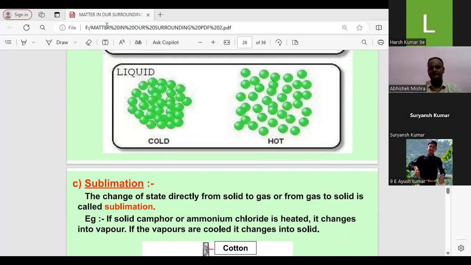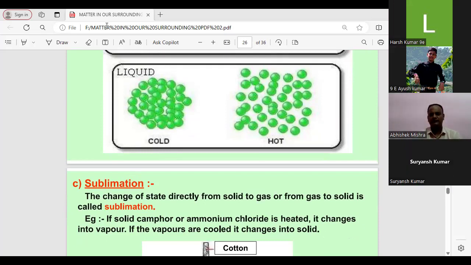What is the difference, Simran, between latent heat of fusion and latent heat of vaporization? One by one. Okay. First, Ayush.